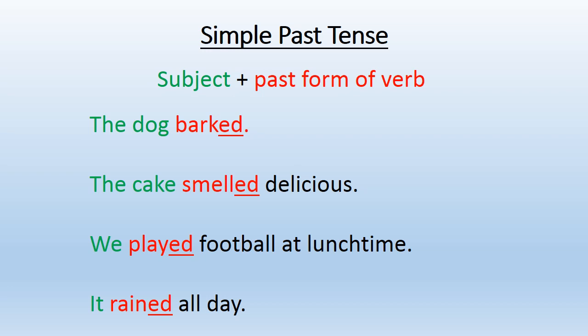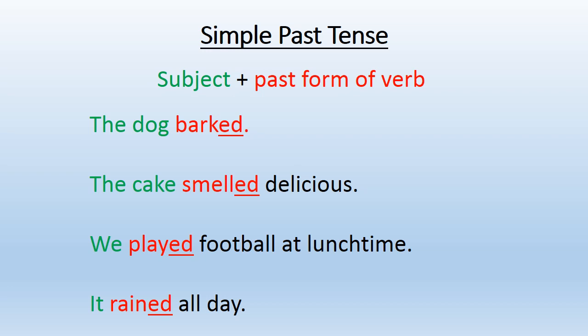So we is the subject, the people doing the playing, but it's not we play football, it's we played football. So you can hear again, it's in the past tense, it already happened either earlier today or yesterday, whatever it might be. And then we've got it rained all day. Rained, again you can hear, means that it had already happened.